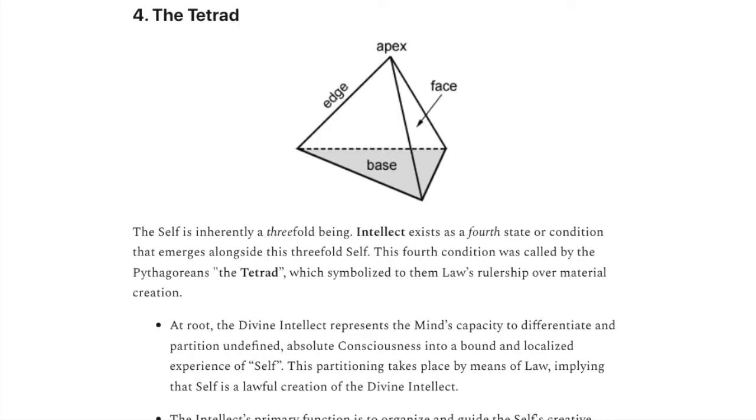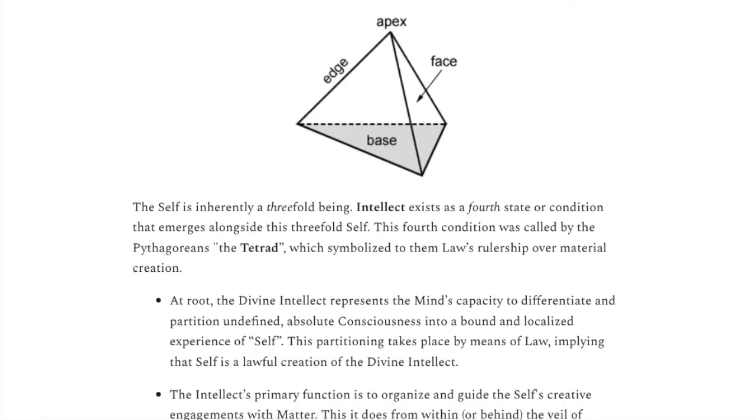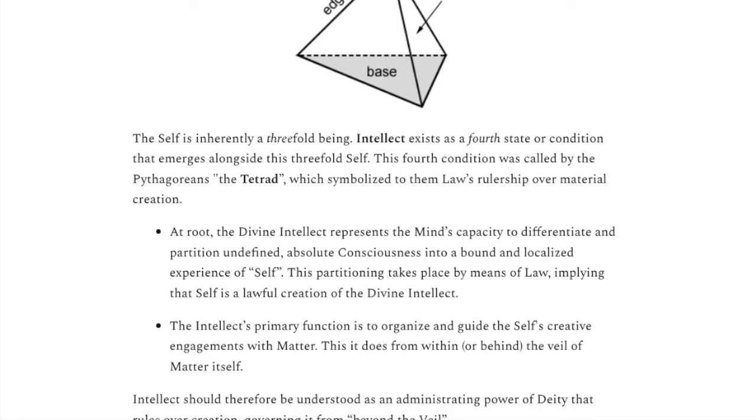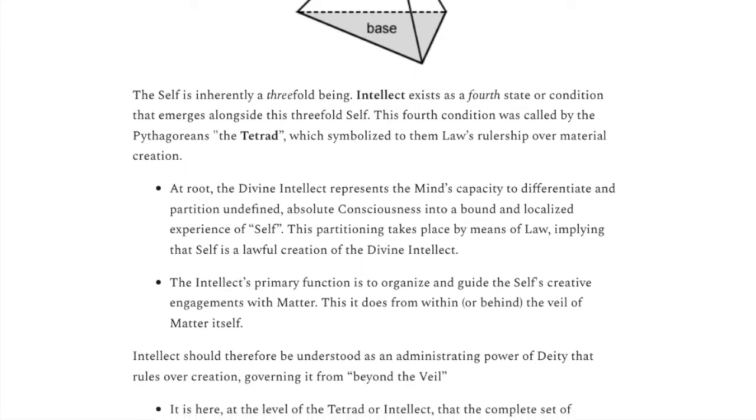This fourth condition was called by the Pythagoreans the Tetrad, and it symbolized to them law's rulership over material creation. At root, the divine intellect, this Tetrad, the principle of 4, represents the mind's capacity to differentiate and partition undefined absolute consciousness into a bound and localized experience of self.